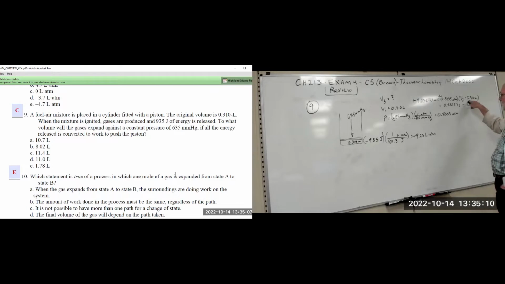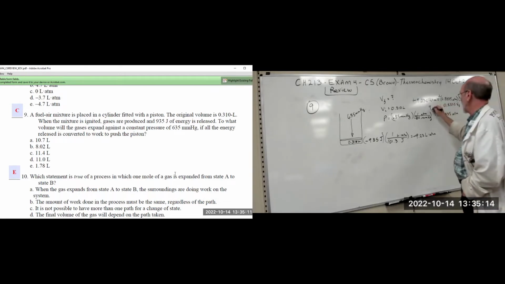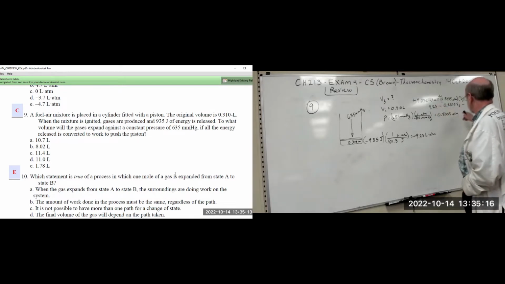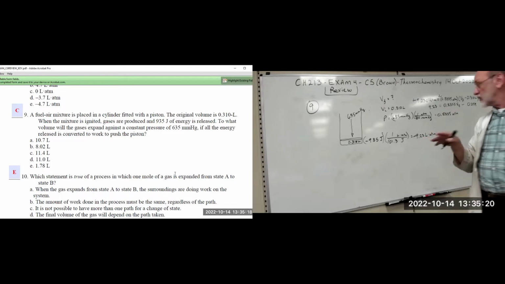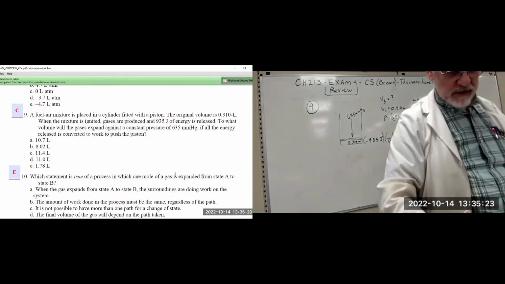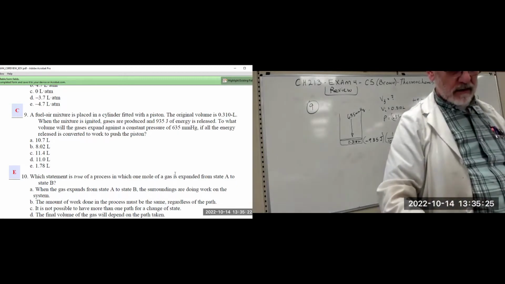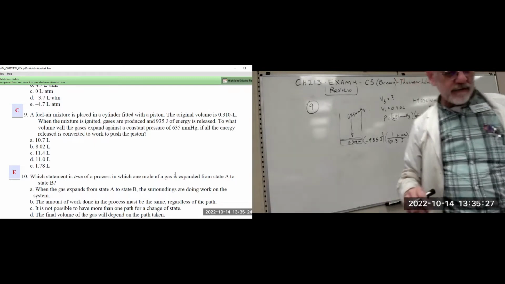0.259 is this one times that one, and this one times that one is this one. It's 9.23. So now we can get this one on that side, which makes it positive. Add that value to 9.23. That's 9.49.